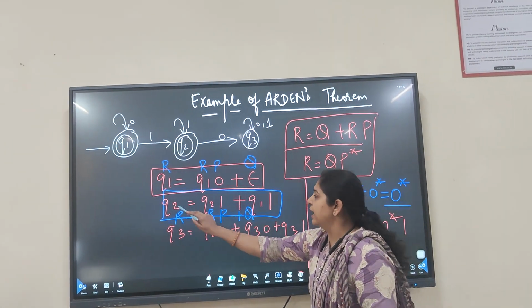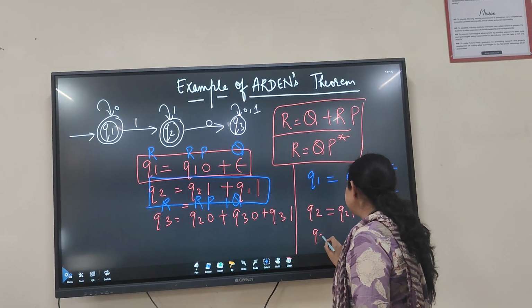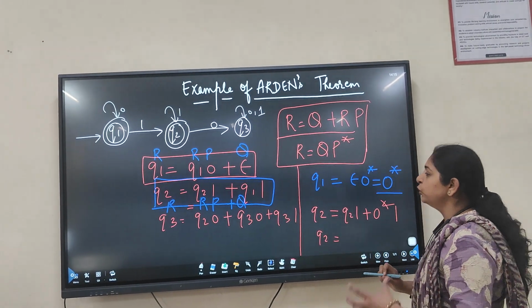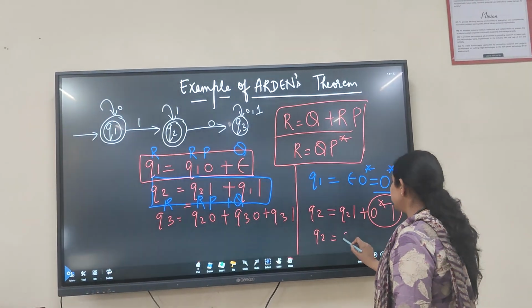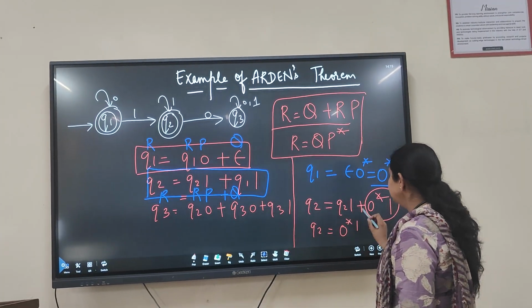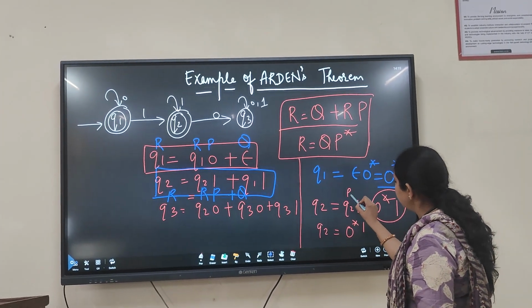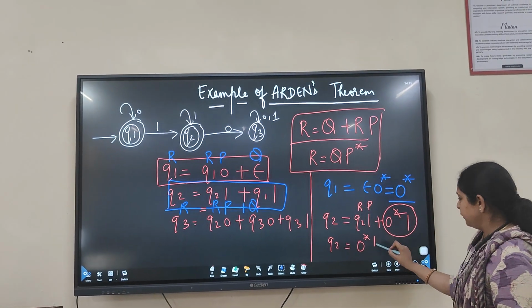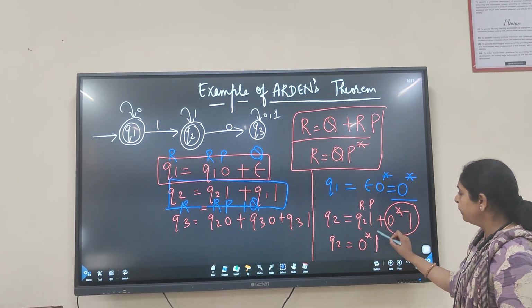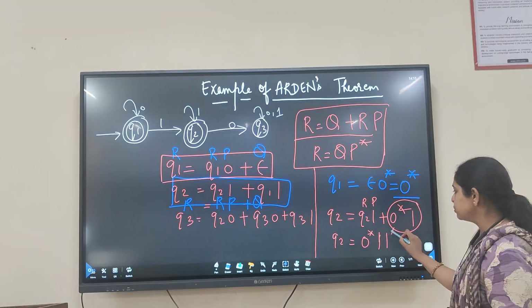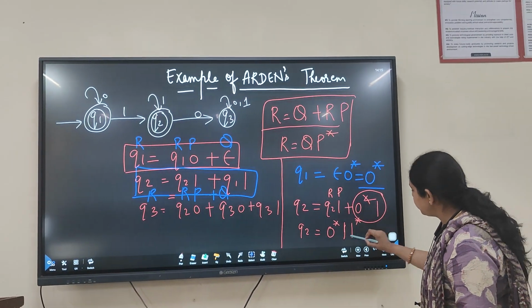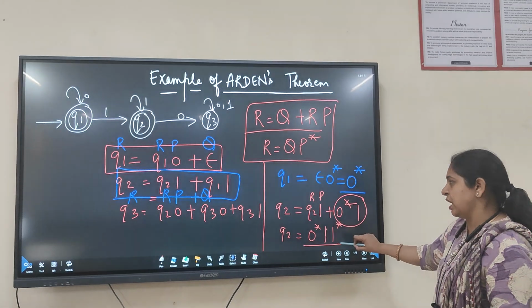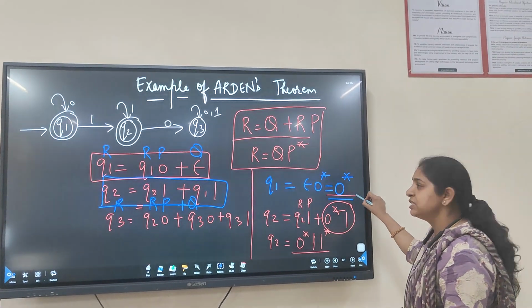R is Q2 here, so Q2 is equal to QP star. This whole 0 star 1 will be considered as Q, and this is R, this is P. In the solution we have to write Q P star, and P is 1 here. So for Q2 the expression is 0 star 1 1 star, and for Q1 the expression is 0 star.